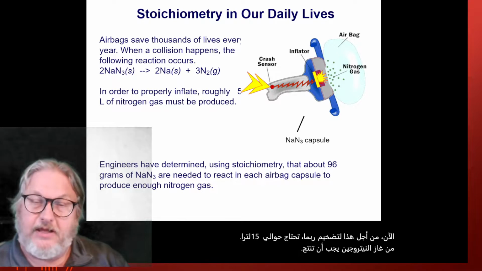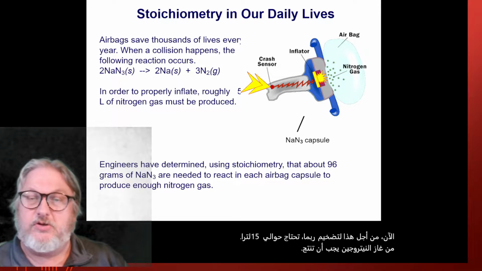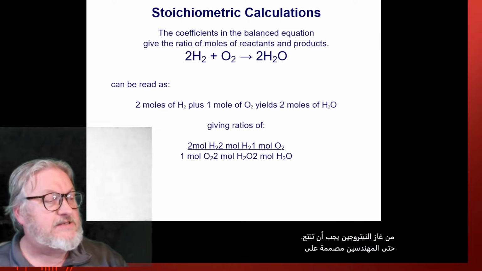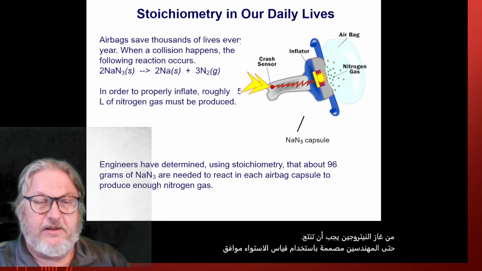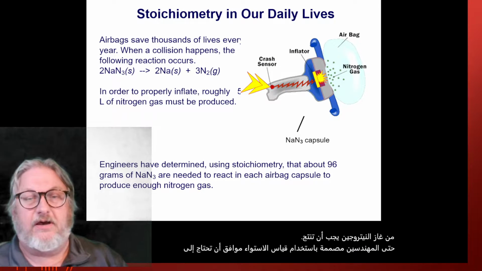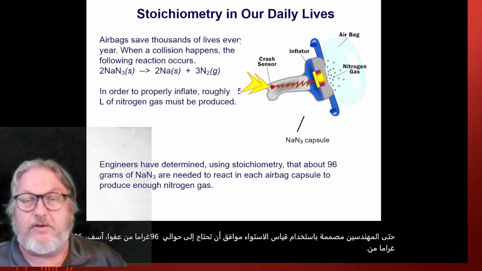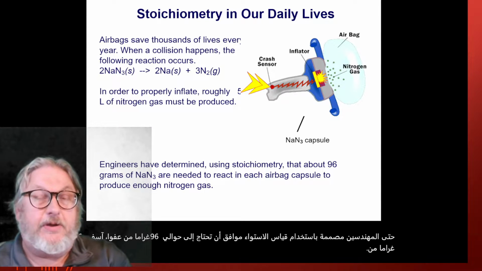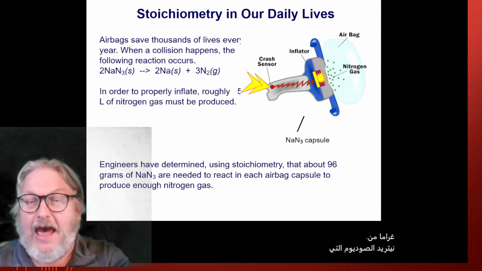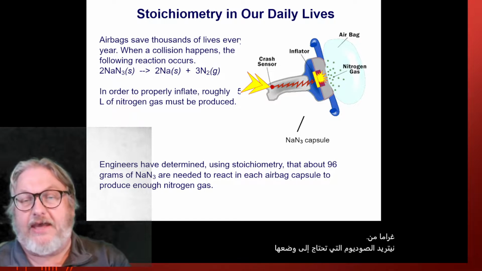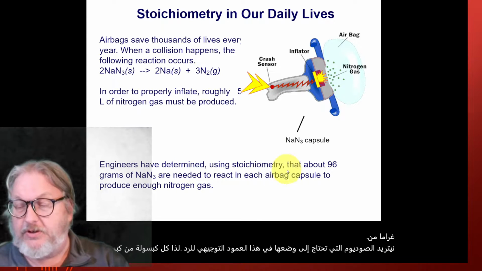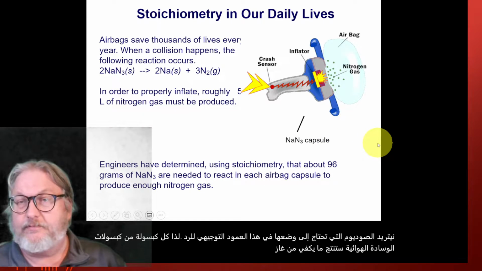So engineers determined using stoichiometry that you need about 96 grams of sodium nitride in that steering column to react so each of those airbag capsules will produce enough nitrogen gas. So that's pretty cool, 96 grams.